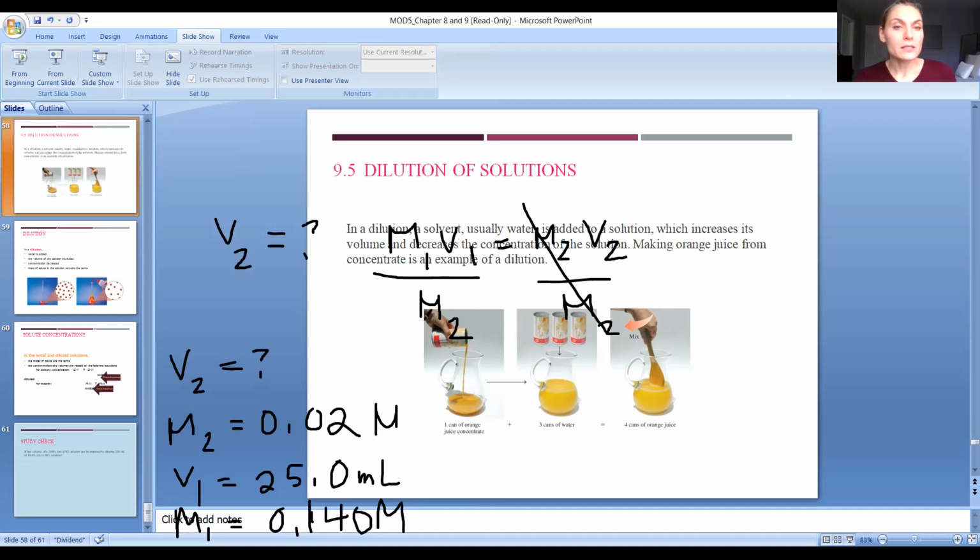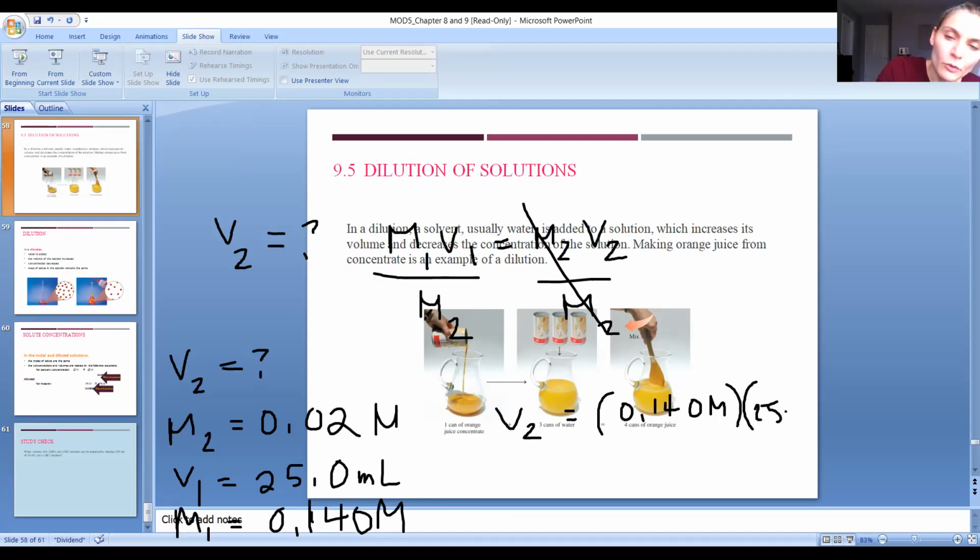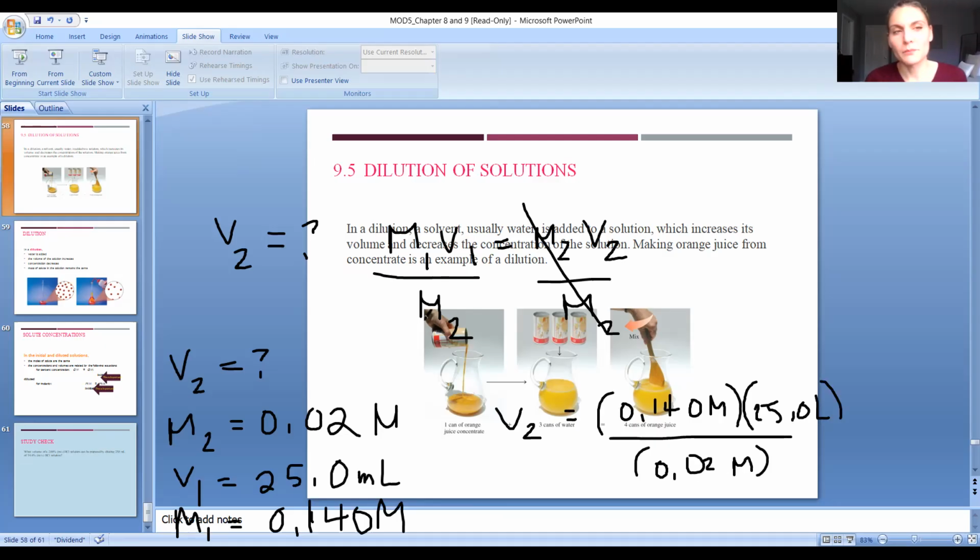So when we plug these numbers in, V2 equals 0.140 M multiplied by 25.0 mL, and we're going to divide it all over 0.02 M. The molar concentrations go away, and now what we're left with is volume.